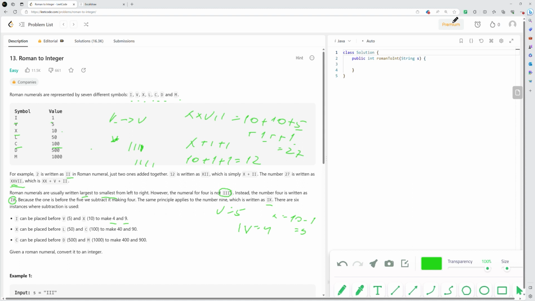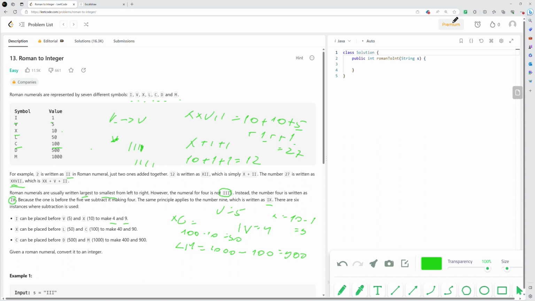For example, if we have XC, C is 100, and X means we subtract 10 from 100 to get 90. And C can be placed before D and M to make 400 and 900. So if we have CM, we know that M maps to 1000, so we subtract 100 from 1000 and we get 900.